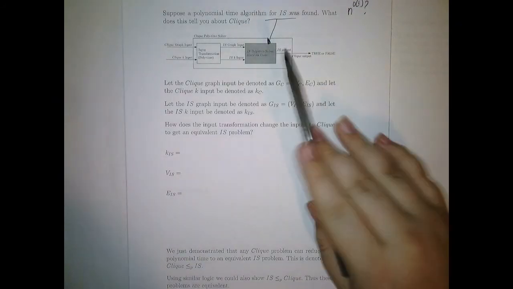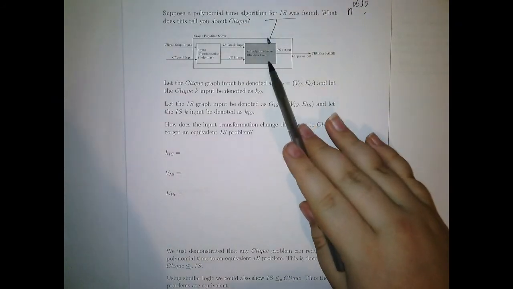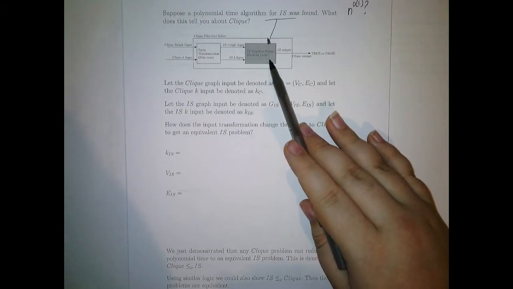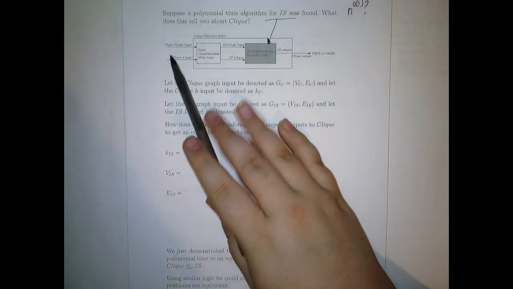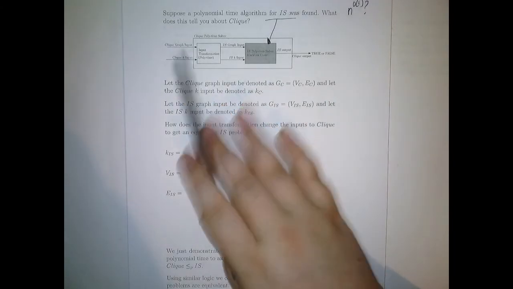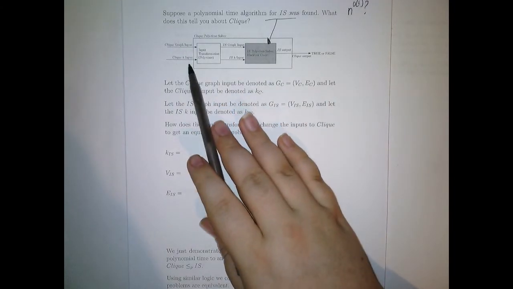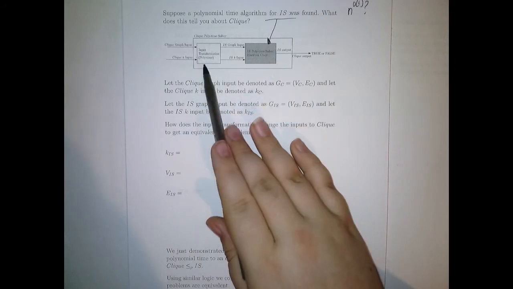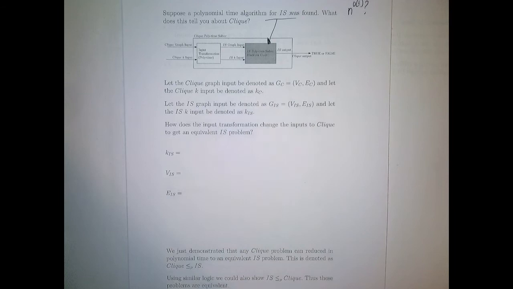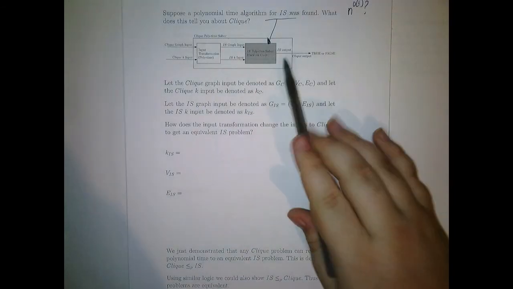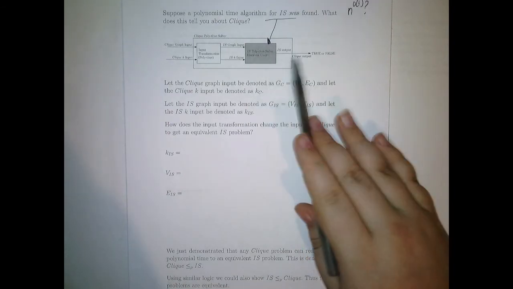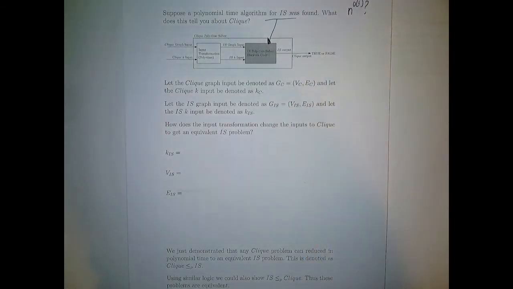We could solve Clique using their solution as a subroutine by taking in our graph input and our Clique size input, transforming that input in some way, and then using that as an input to their independent set solver. Then, whatever their independent set solver says is true about this will also be true about our original Clique problem.